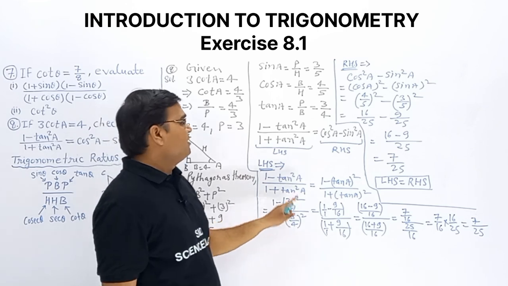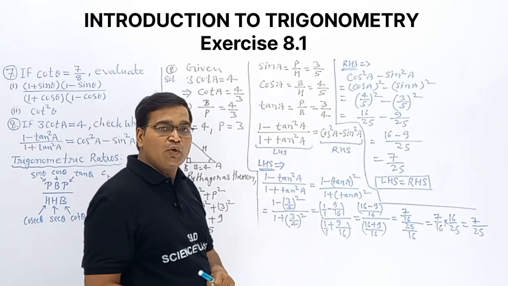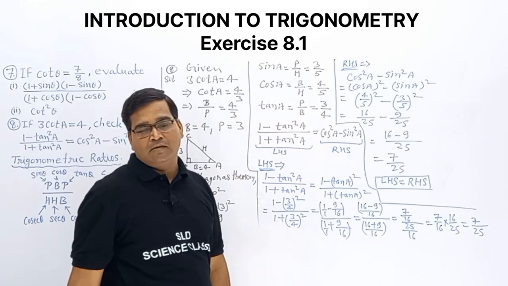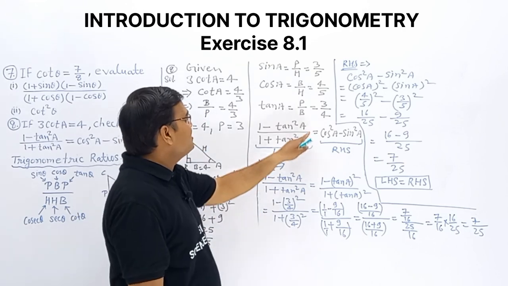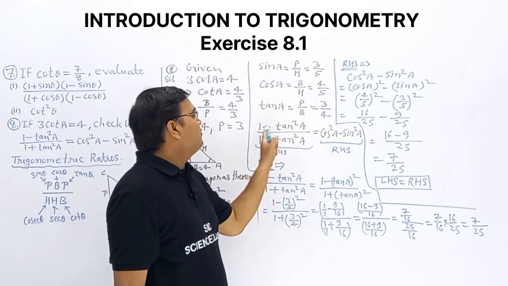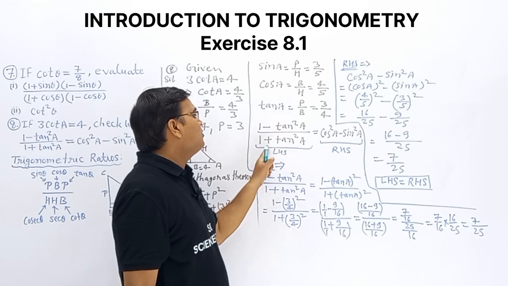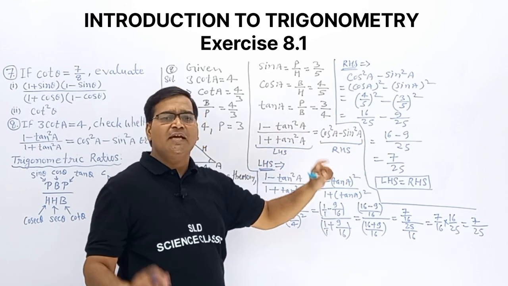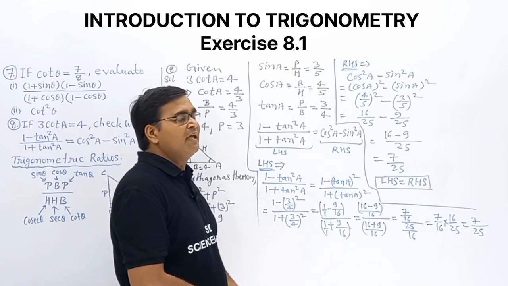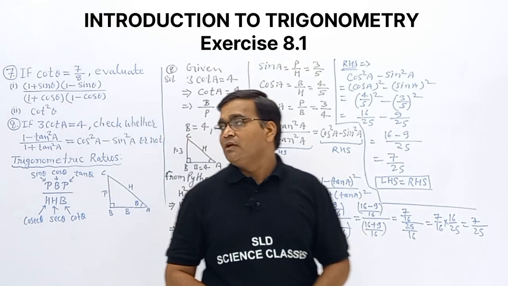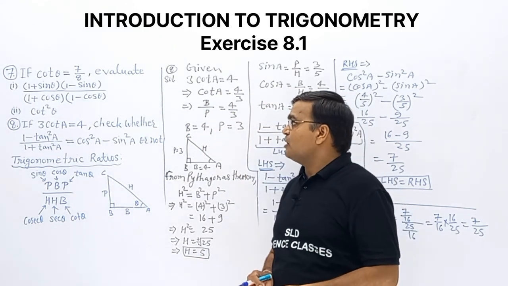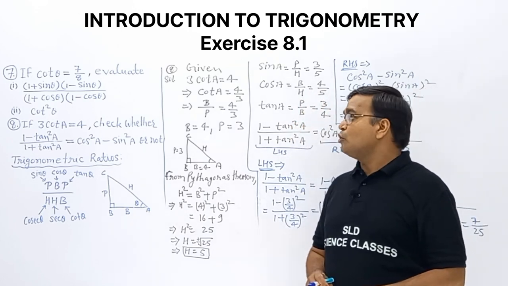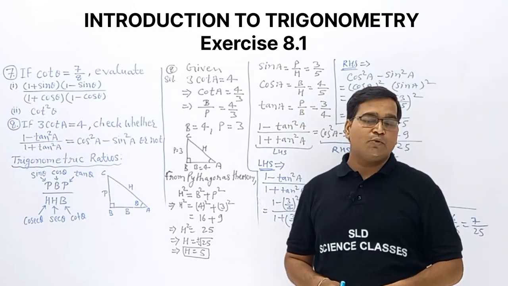We obtained left hand side and right hand side equal, so we can say this is a correct equation, that 1 minus tangent square A upon 1 plus tangent square A is equal to cos square A minus sin square A. Both are equal, we can use both. Clear? So in this class we studied question number 7 and 8. Both are based on trigonometry ratios.